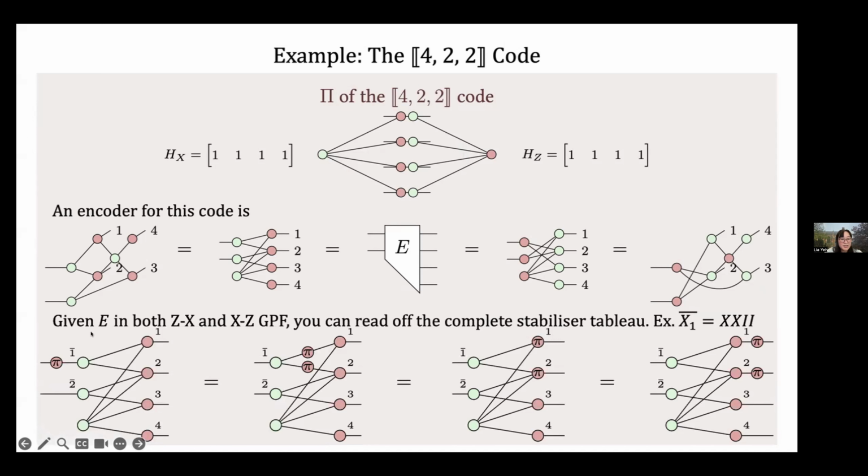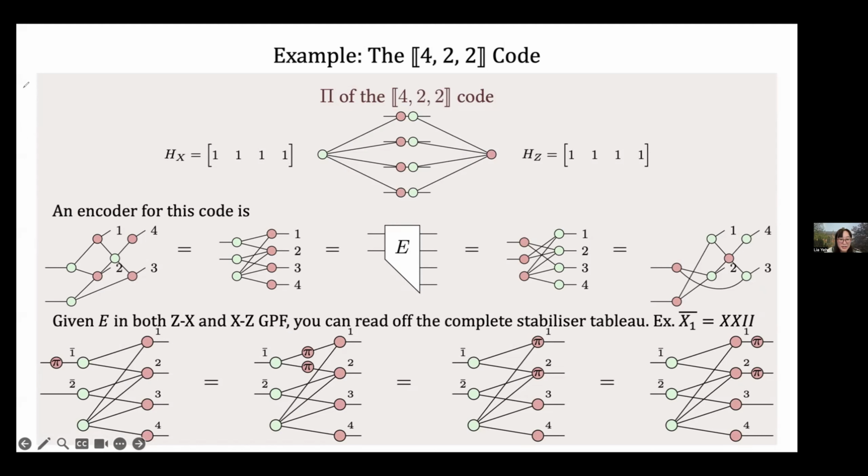Given some phase-free encoder in both Z-X and X-Z GPF, such that those are equal, this pair of diagrams in GPF is enough to let you read off the complete stabilizer tableau for any CSS code. In this example, I just show how to read off logical X1, but this works for all rows of the tableau. Here on the bottom left, you start with logical X on the first logical qubit.